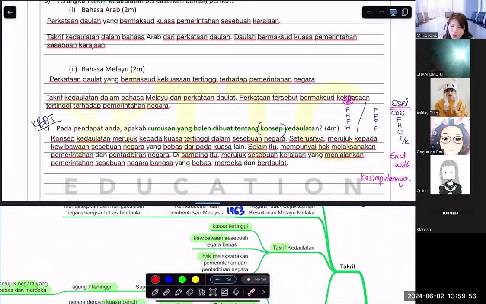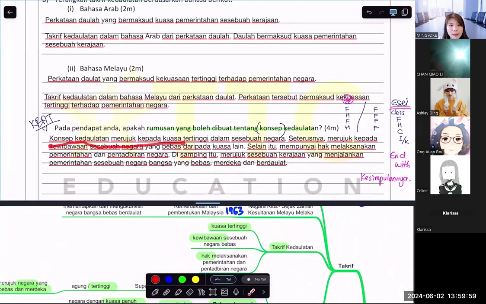So you can write: konsep kedaulatan merujuk kepada kuasa tertinggi dalam sesebuah negara, 1 point. Seterusnya merujuk kepada kewibawaan sesebuah negara yang bebas daripada kuasa lain. Selain itu mempunyai hak melaksanakan pemerintahan dan pentadbiran negara. Di samping itu merujuk kepada sesebuah negara, kerajaan yang menjalankan pemerintahan sesebuah negara bangsa yang bebas, merdeka dan berdaulat. You see, school teacher or SPM standard, they allow all the way, F, fakta.